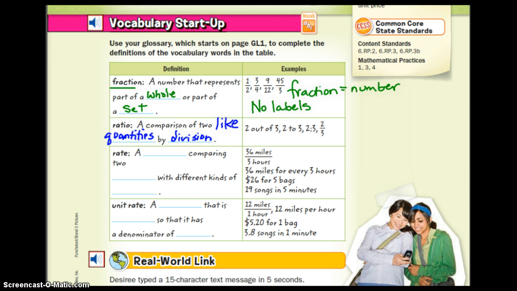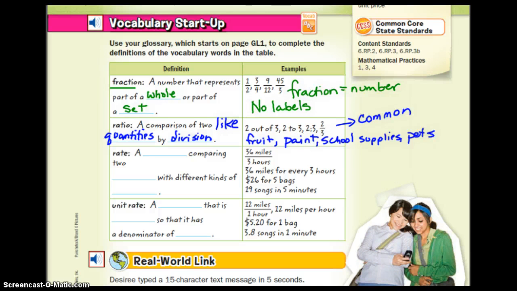It's a comparison of two like quantities, which again means it has something in common, such as fruit, paint, school supplies, pets. So again, you get the idea. It has something in common.